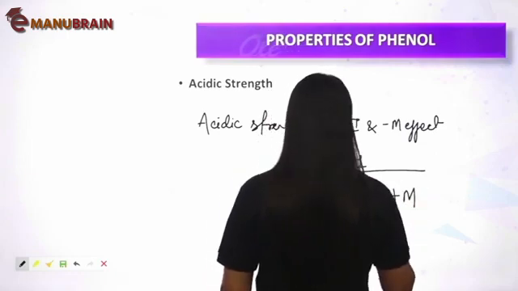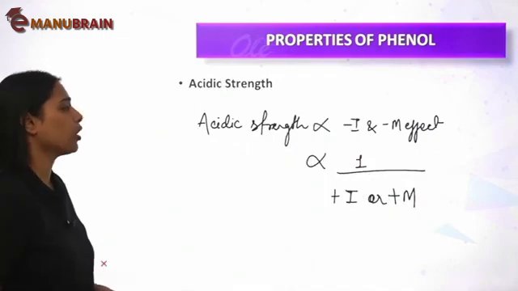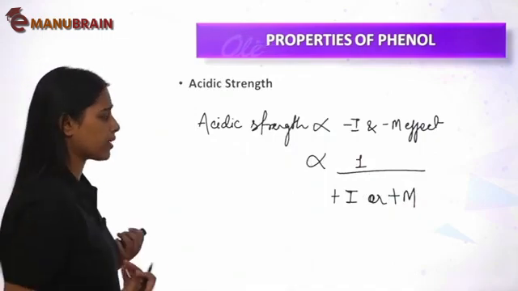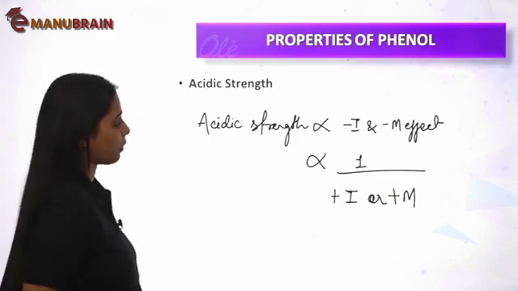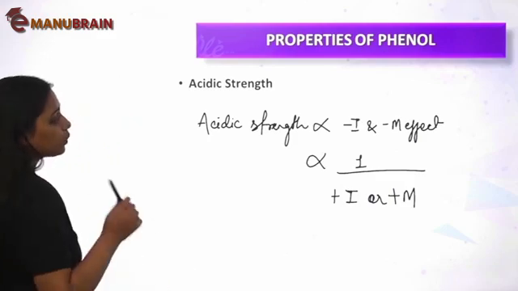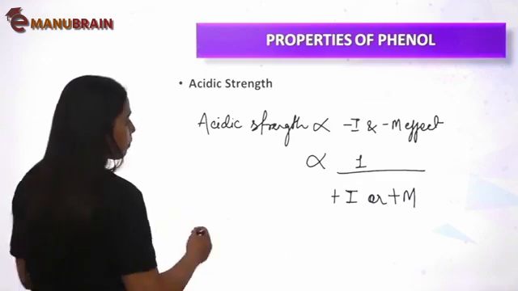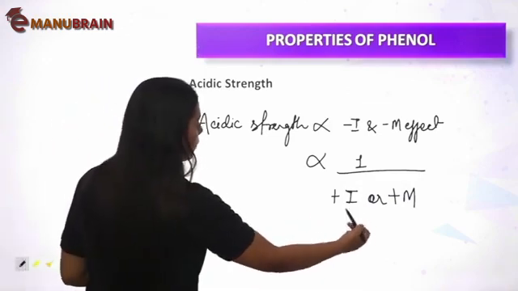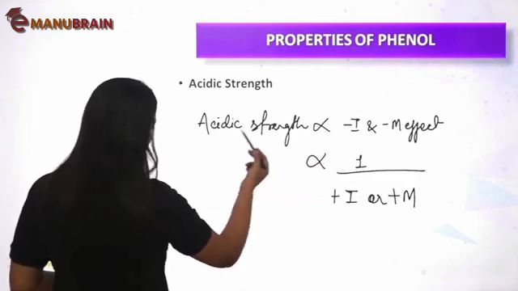And it is inversely proportional to +I or +M effect. What are -I, -M, +I, +M? Inductive effect and mesomeric effect we are talking about here. So it is directly proportional to -I and -M and inversely to plus. That means if these effects are increasing, acidic strength will decrease, and if they are decreasing, acidic strength will increase.